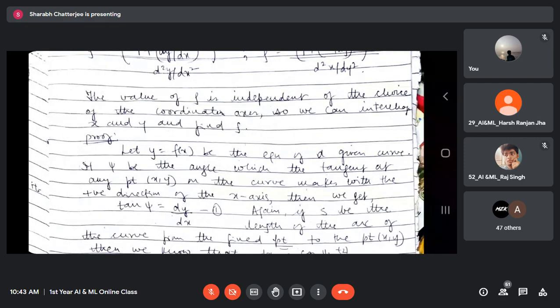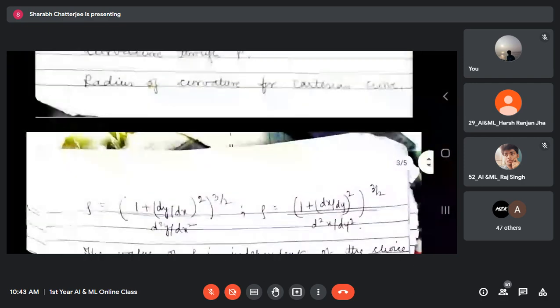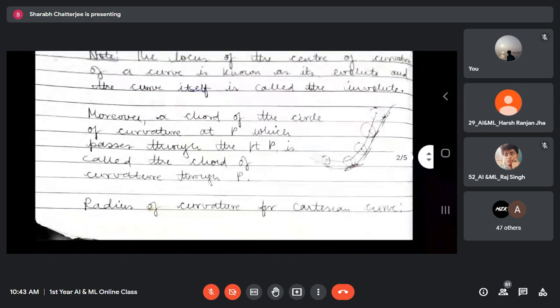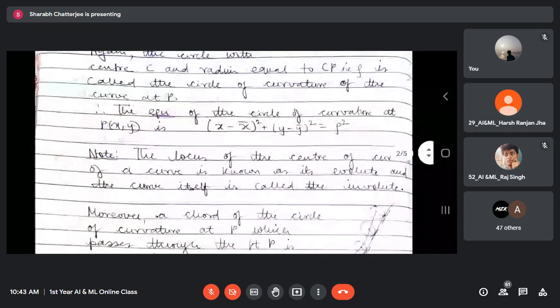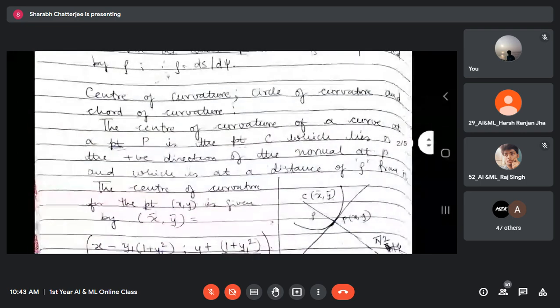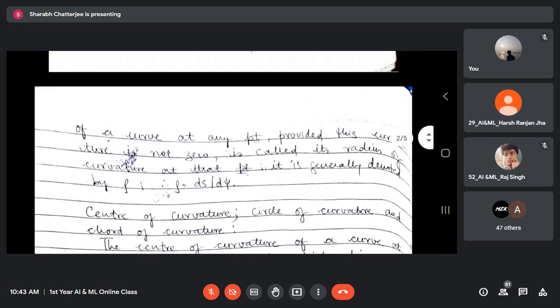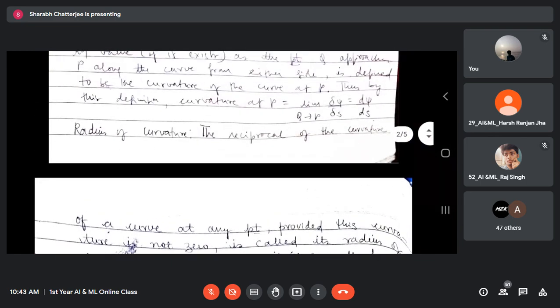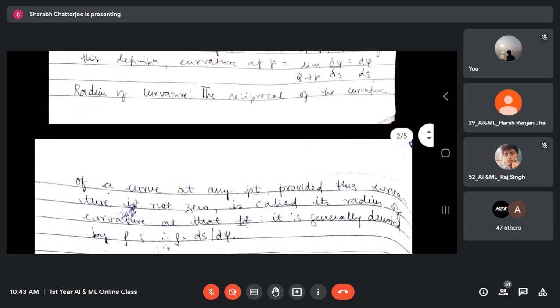Radius is this. Yes, the radius of curvature.